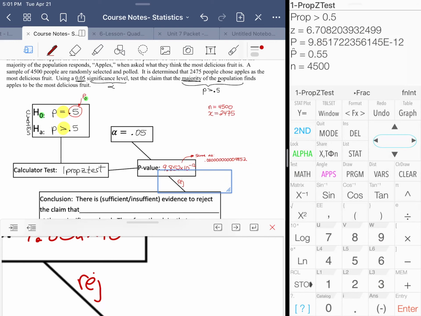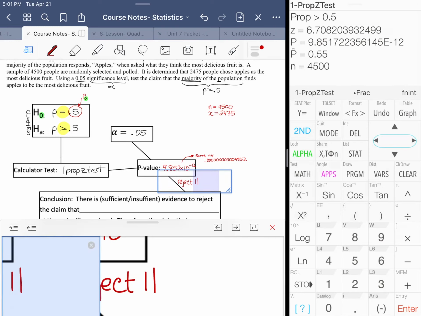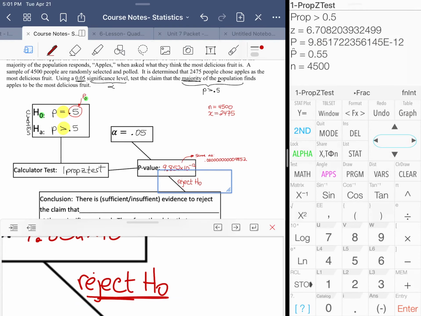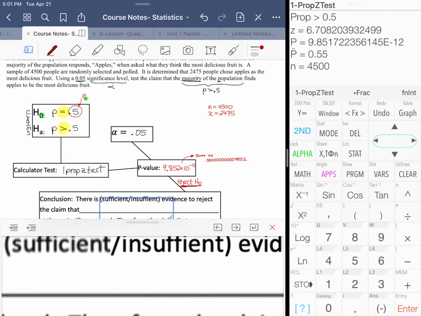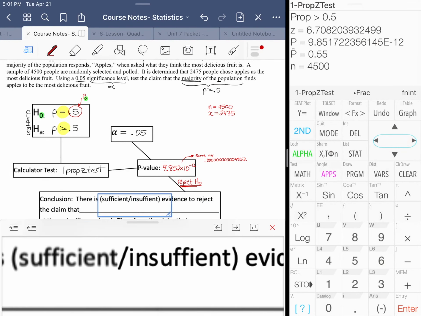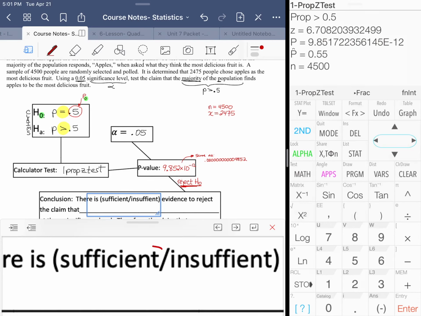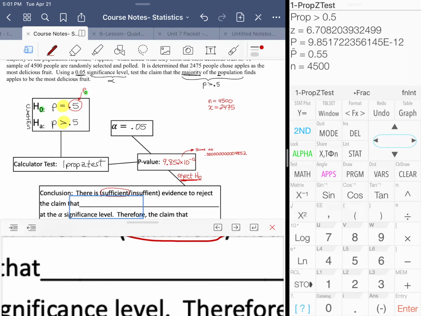That's telling me that it's okay to reject the null hypothesis. I'm going to reject the null hypothesis because my probability of mistakenly rejecting it when I shouldn't is so small that if I do reject it, there must be enough reason for me to do so. So there is sufficient evidence to reject the claim that, and then here we state the null hypothesis in words.